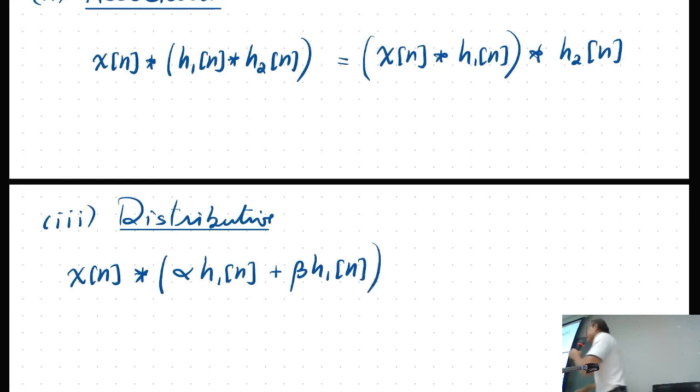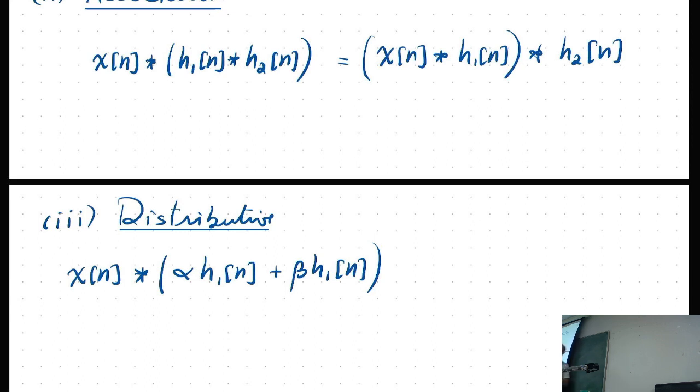Okay, basically what it says is that you can look at star as a multiplication operator. In other words, you can bring the star inside of the parentheses, just like you do when you're dealing with multiplication.